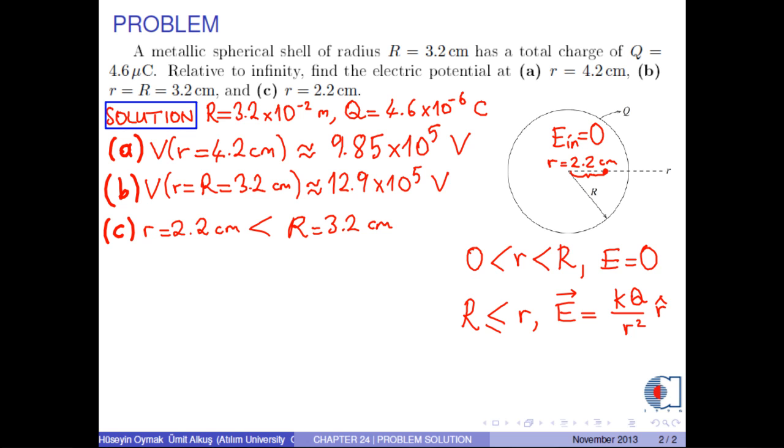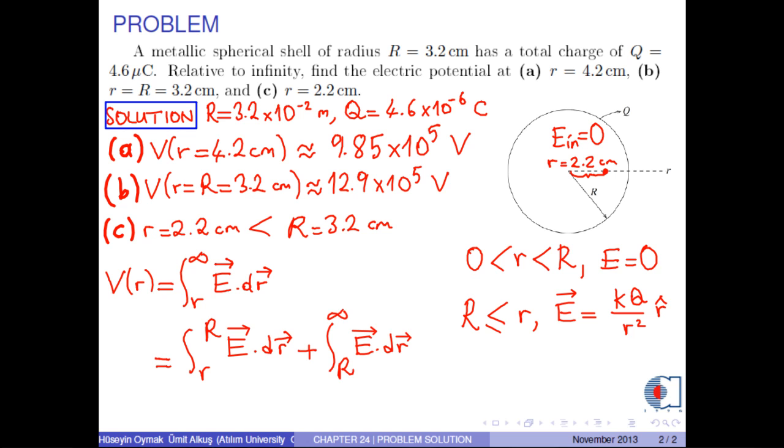Anyway, relative to infinity, the potential at R is calculated by the formula, the line integral from R to infinity of E dot dr. If we study this integral inside and outside the sphere, that is, the sum of the integrals from R to capital R of E dot dr and from capital R to infinity of E dot dr, the first part is 0, since E is 0 inside the sphere.